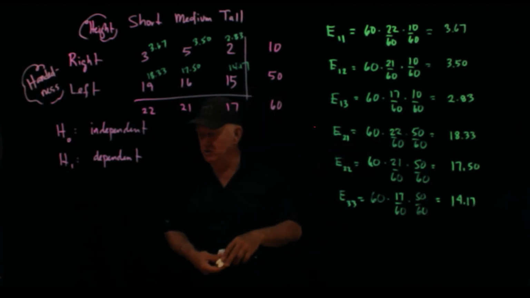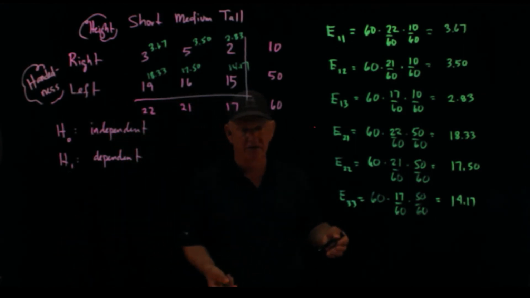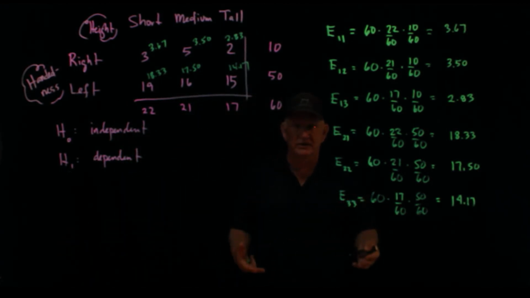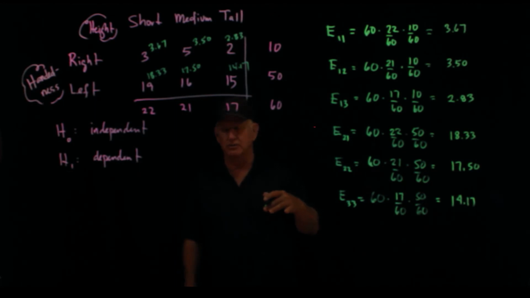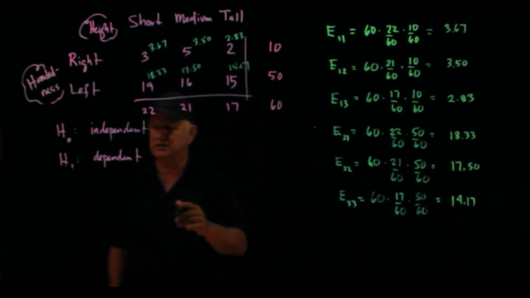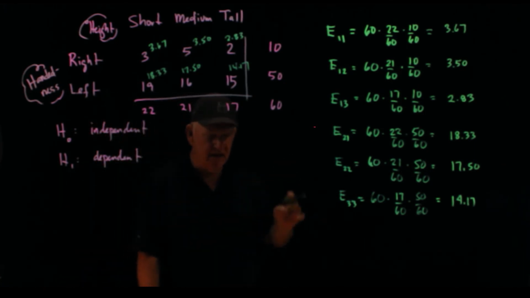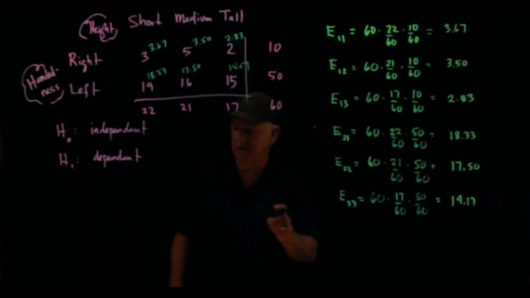And how do we judge whether things are close enough? Again, that's what hypothesis tests are all about. You've got to find a test statistic. You've got to see what the p-value of the test statistic is. So here's the last calculation, or the last two calculations. I've got to calculate the test statistic, and it is essentially the same test statistic that we used in the goodness of fit tests.